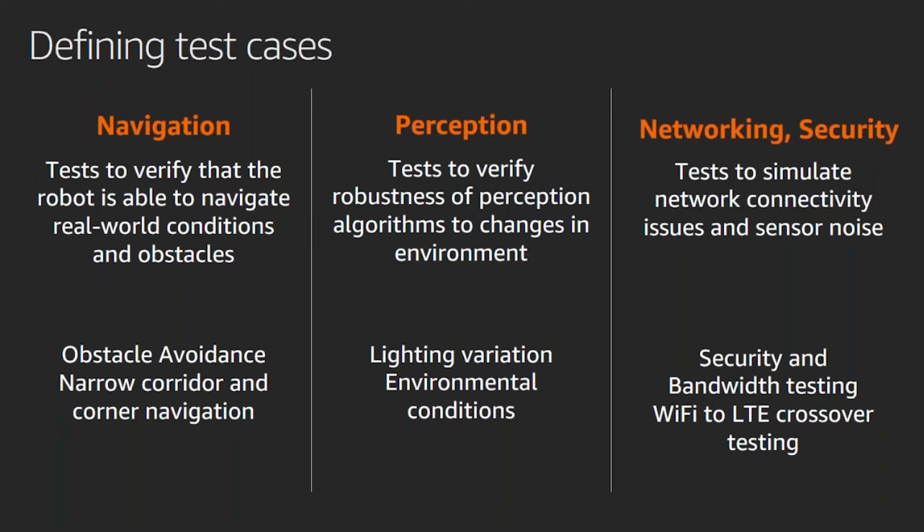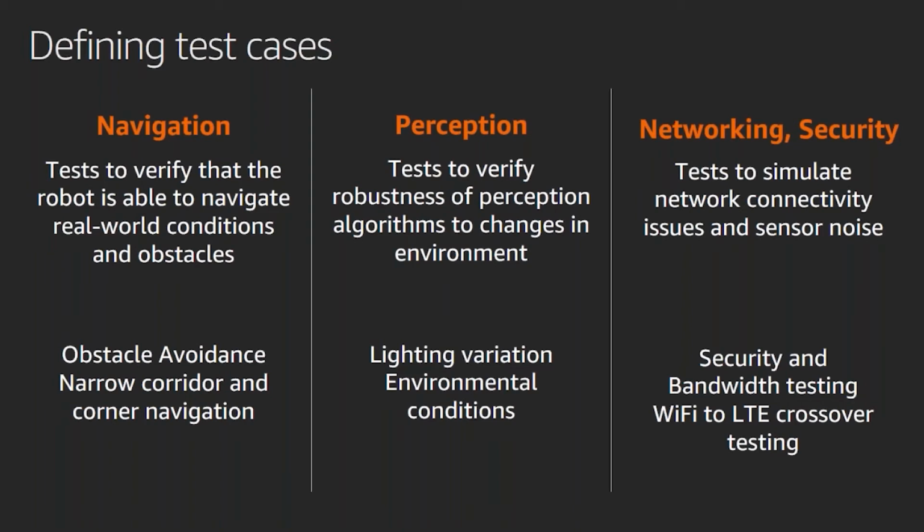You want to make sure your application and your robot can handle those variations. And then on the network and security side of things, you want to test and validate that your robot is able to handle network connectivity disruptions or any sensor noise that comes through.